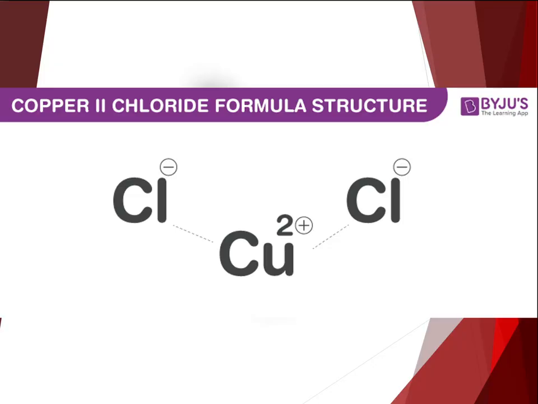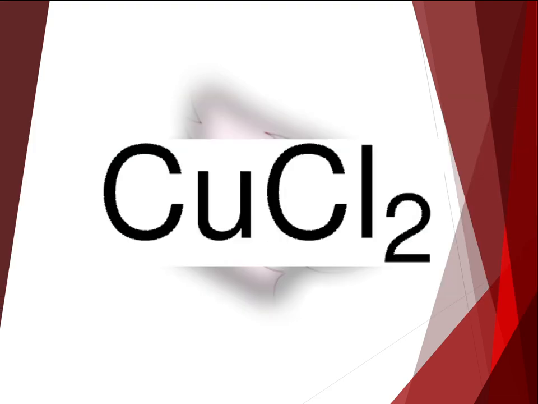In the case of copper 2 chloride, the copper 2 ion has a charge of 2+, and the chloride ion has a charge of 1-. For the charges to balance, the compound must contain 1 copper 2 ion for every 2 chloride ions. This 1 to 2 ratio is used to write the formula CuCl2.